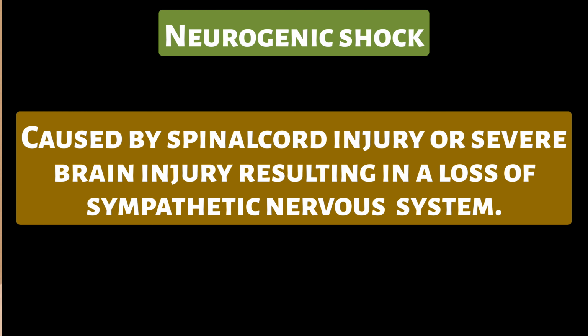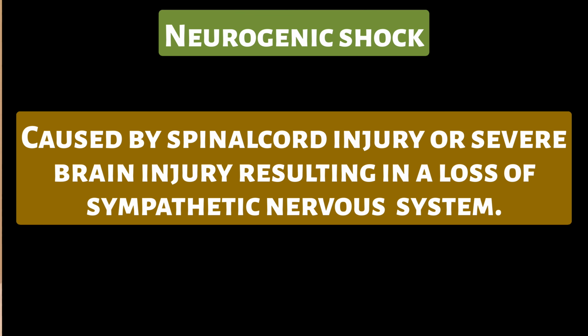So when the body perceives a threat or a stressor, the sympathetic nervous system is activated, and signals originating in the brain will travel down the spinal cord and synapse with the neurons in the sympathetic chain. So you understand how they are related, yeah?